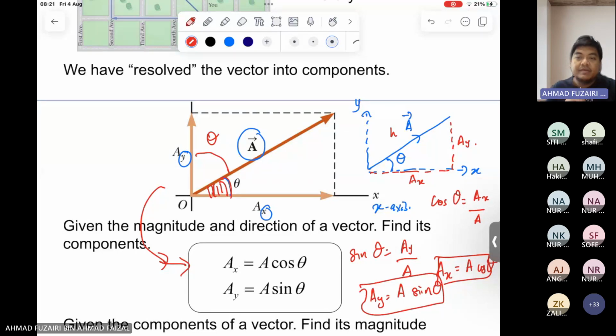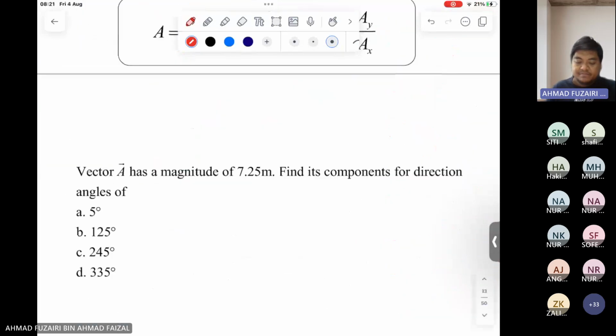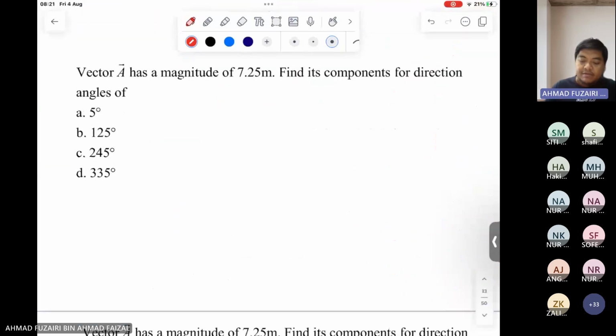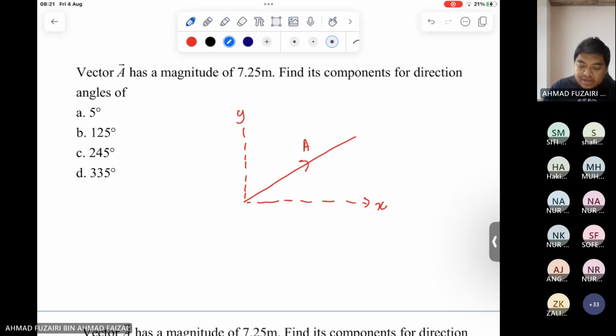So that is very dangerous for us because, for example, saya tukar soalan ni, this is vector A. We always know this one is x-axis, this one is y-axis. So what are the components? Nampak? Saya letak dekat sini angle dia.